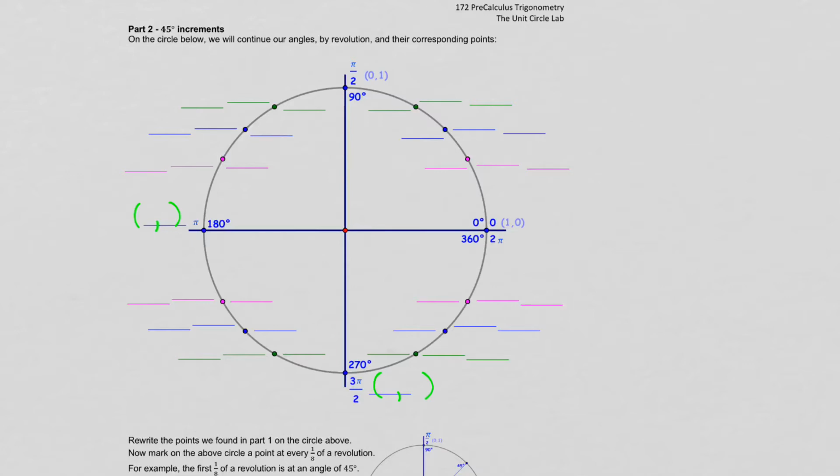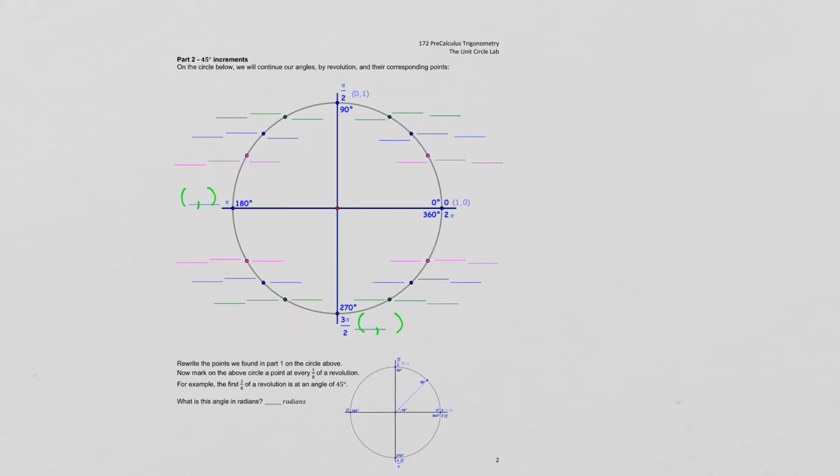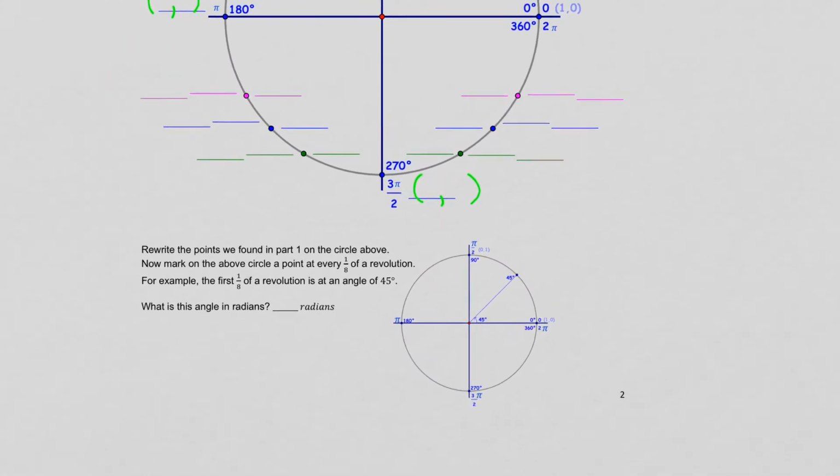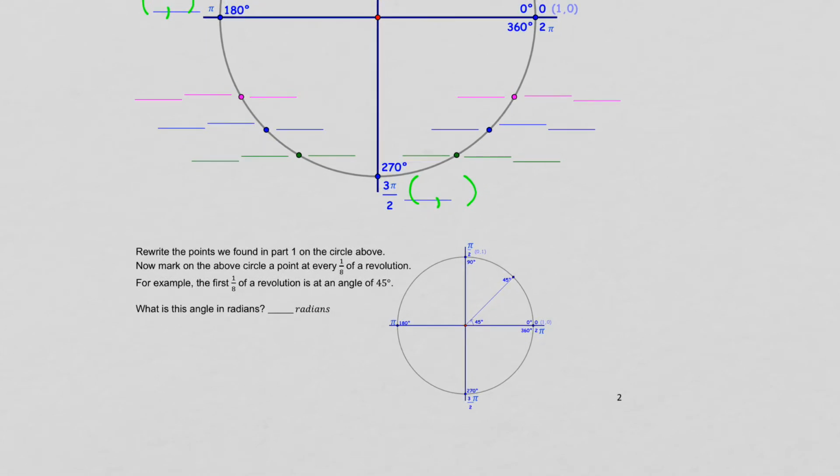Next, we want to look at every 45 degree or pi over 4 rotation. So it says, rewrite the points we found in part 1 on the circle above. So we've already done that. Now mark the above circle at every 1/8 of a revolution. For example, the first 1/8 of a revolution is 45 degrees.